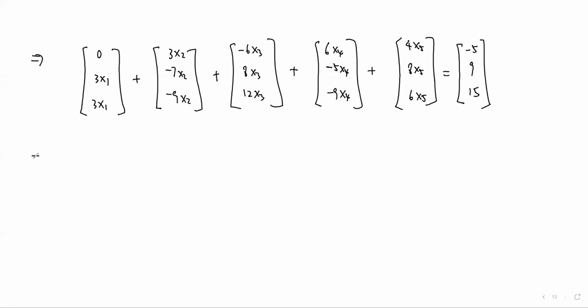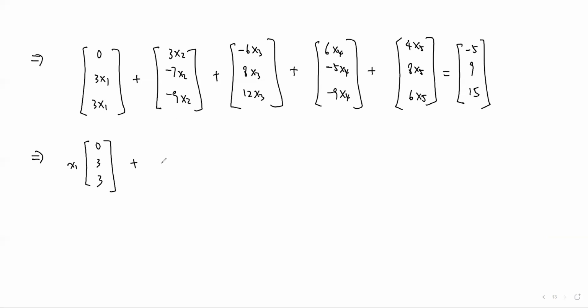Okay, now in the first vector, x1 is common to all the entries, right? The first entry is 0 times x1. So x1 is a scalar. I can take x1 out. So x1 times 0, 3.